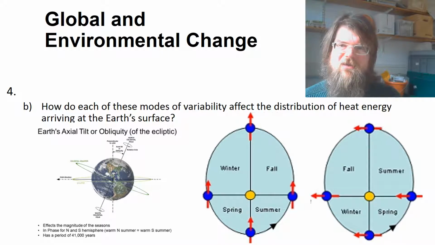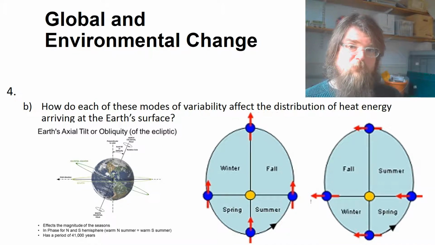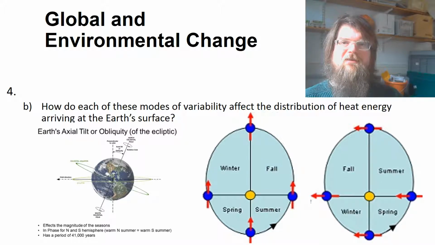So the overall effect of eccentricity is quite small on the total annual radiation received at any one latitude, but it does have effects on when that radiation is received throughout the year. So it kind of concentrates it into one season, basically.